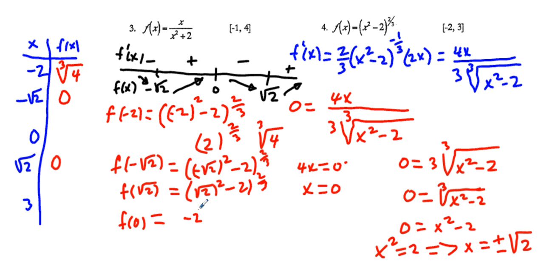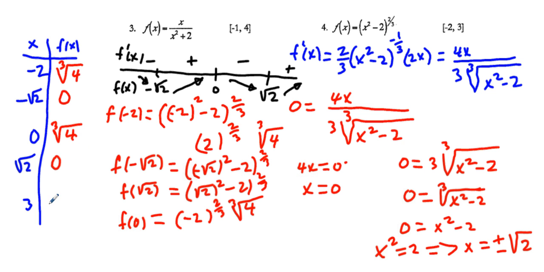Well, negative 2 squared is 4, so that's going to be the cube root of 4. Okay, good.